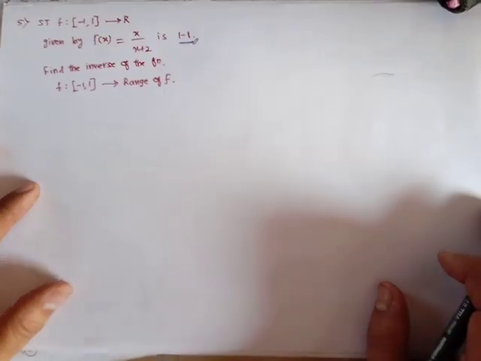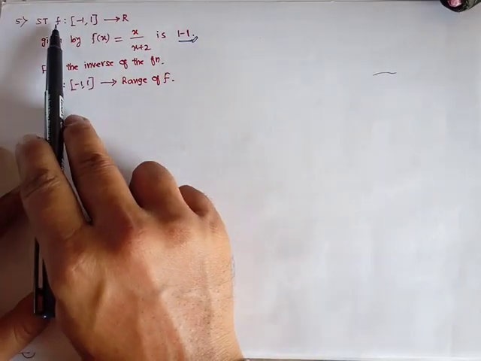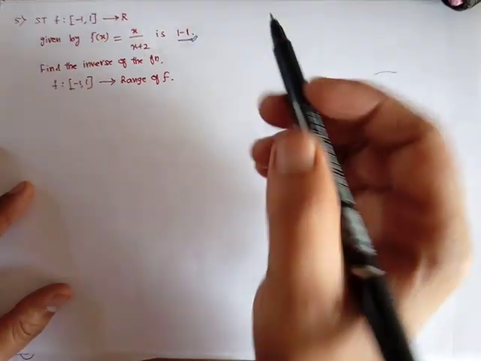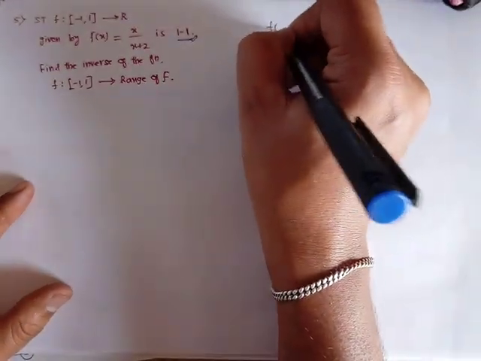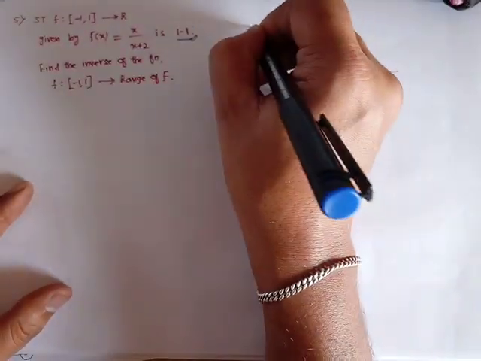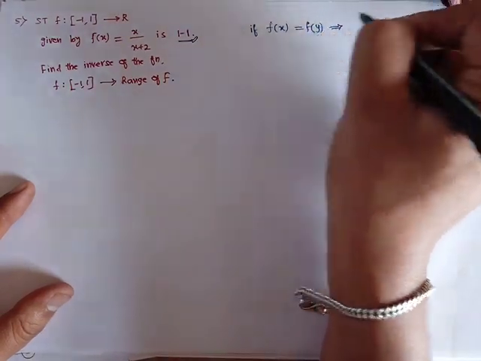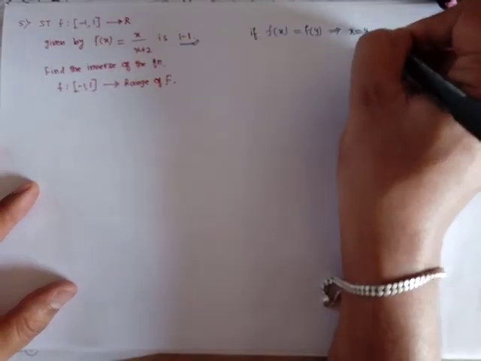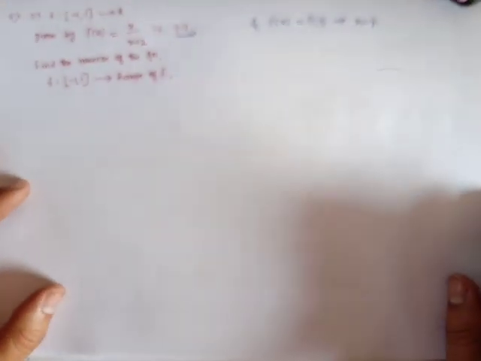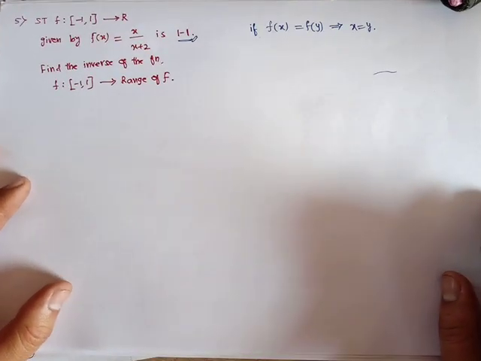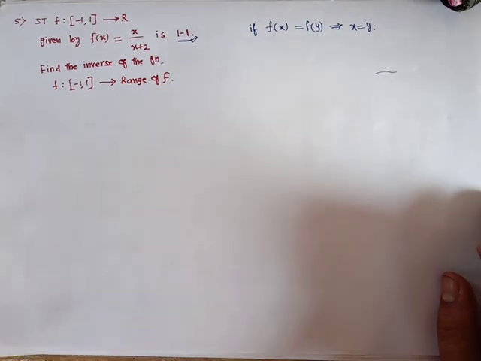To say it is a 1-1 function, if f(x) = f(y), this implies x = y. So this is the proof to be done.